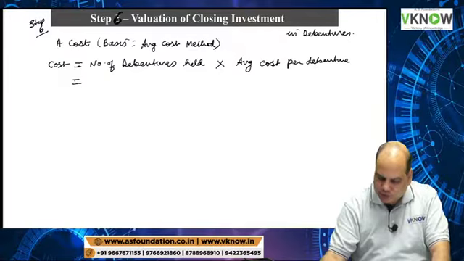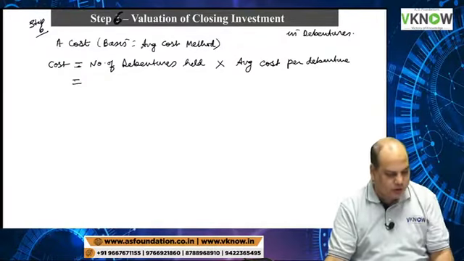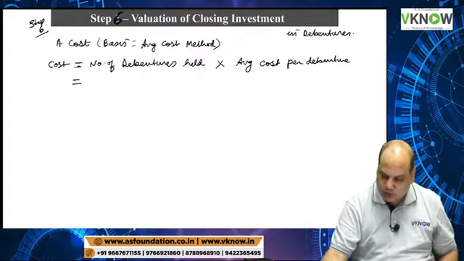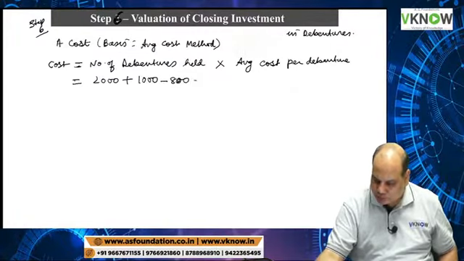Number of debentures held will be, initially you have purchased 2000 plus you purchased 1000 minus you sold 800 and minus 550 got converted.